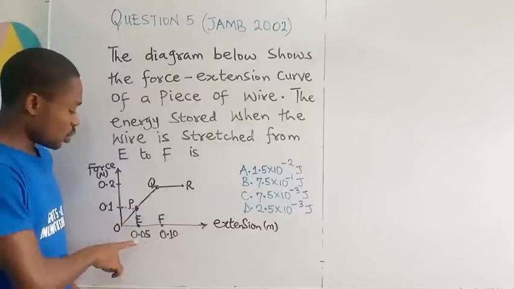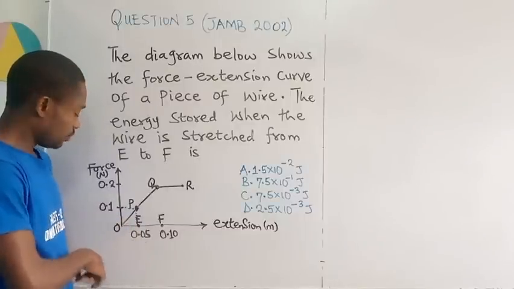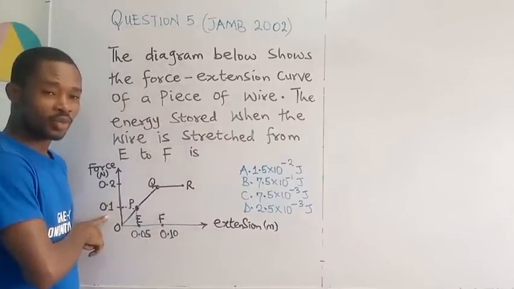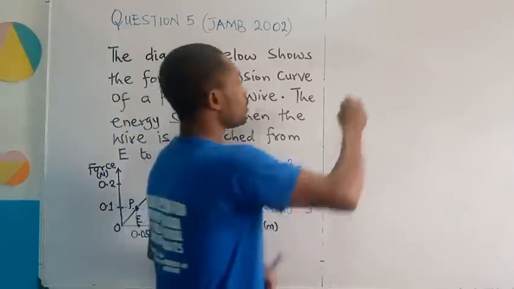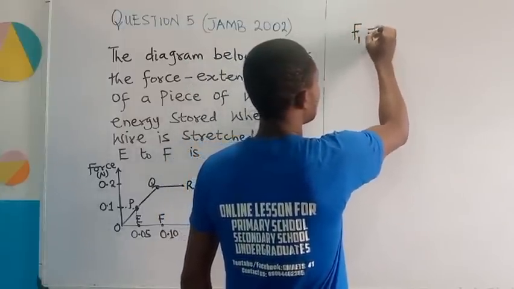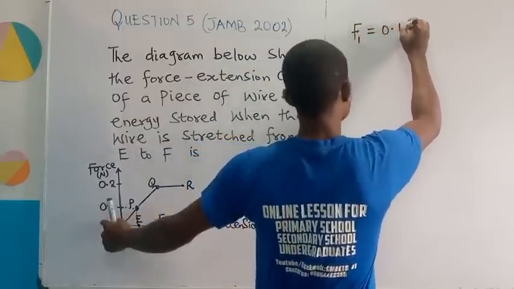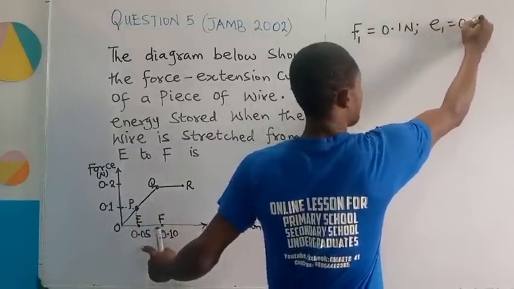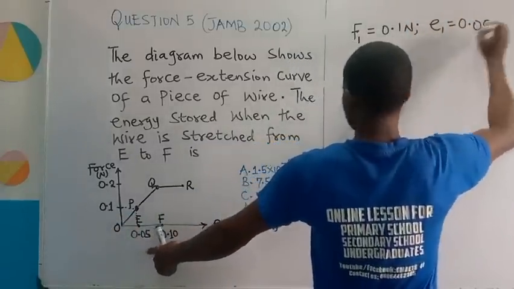And then you would see that with extension of 0.05, the force that produces that is 0.1, as you can see. Let me bring out that value with F, let's say F1 to be equal to 0.1 Newton. The extension produced, E1, is equal to 0.05 meter.